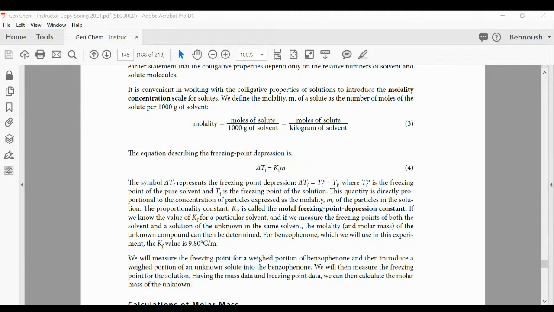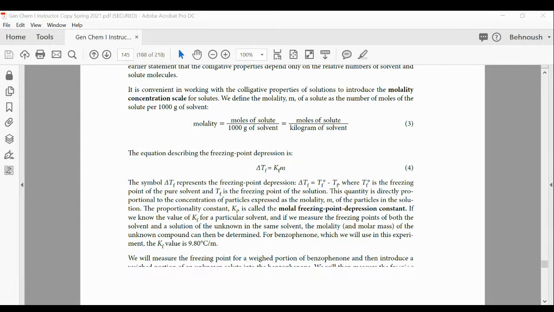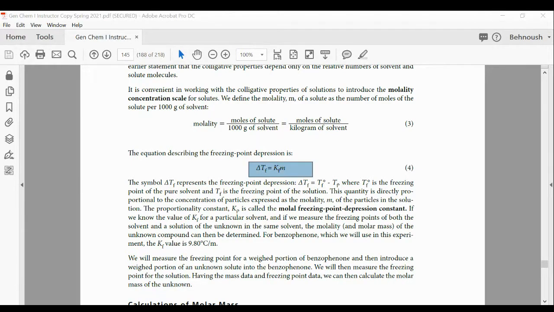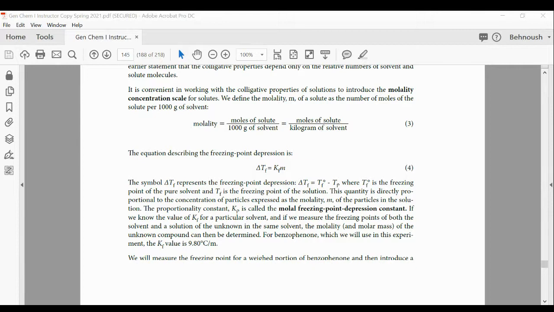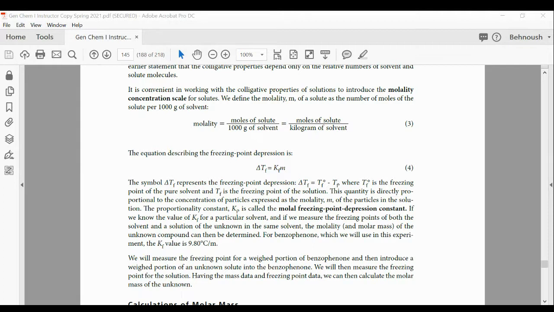First, you are going to find the freezing point of the solvent. Basically, you melt the solvent at high temperature and then lower the temperature while monitoring it, until the temperature stays constant and the compound changes to solid. You record that temperature as the freezing point for the pure solvent. Then you add your unknown compound, heat up again, change it to liquid, lower the temperature until it freezes again, and record the temperature for the solution.